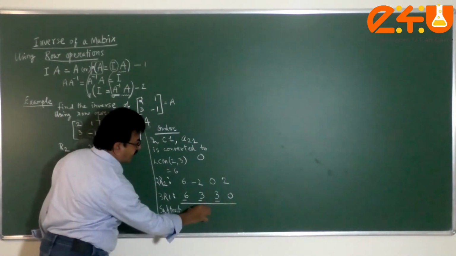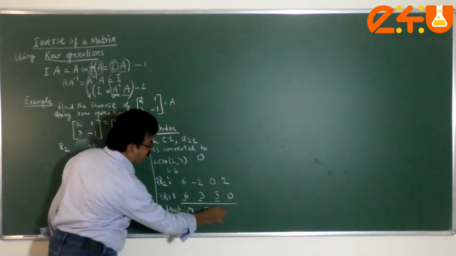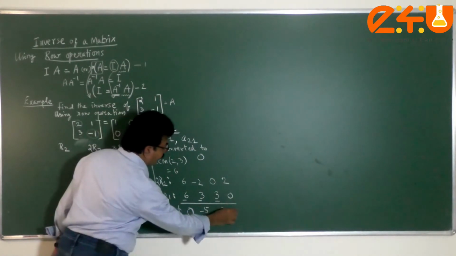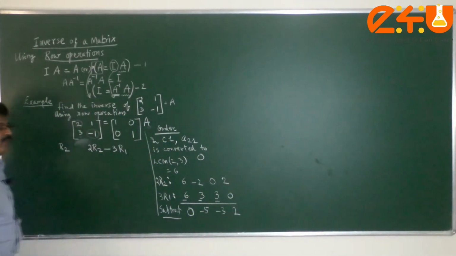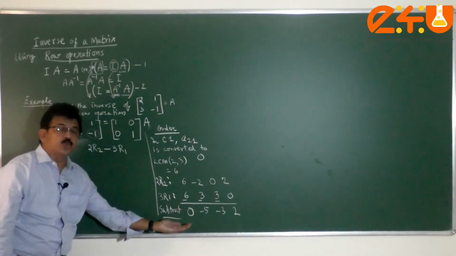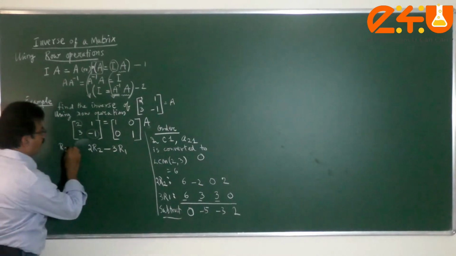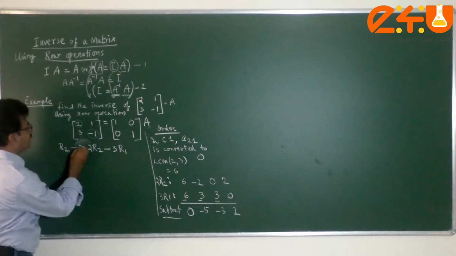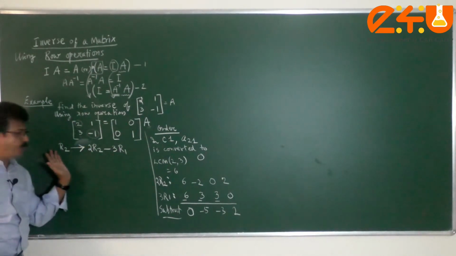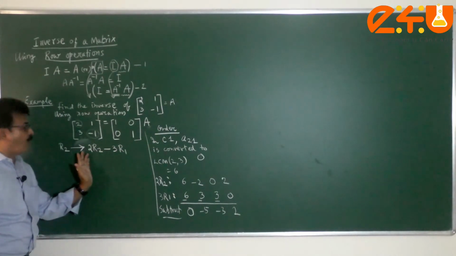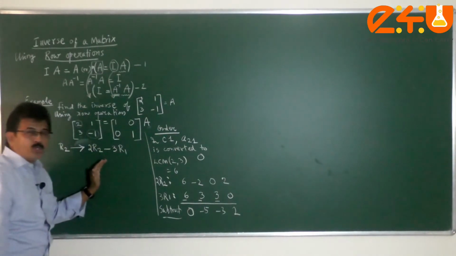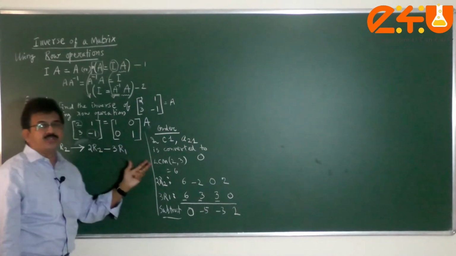So the second element becomes negative 5, the third element becomes negative 3, 2 minus 0 gives 2. And where are we going to store this result? These 4 numbers in row 2 only. Therefore, this is the symbol. Row 2 gets transformed to twice row 2 minus thrice R1.